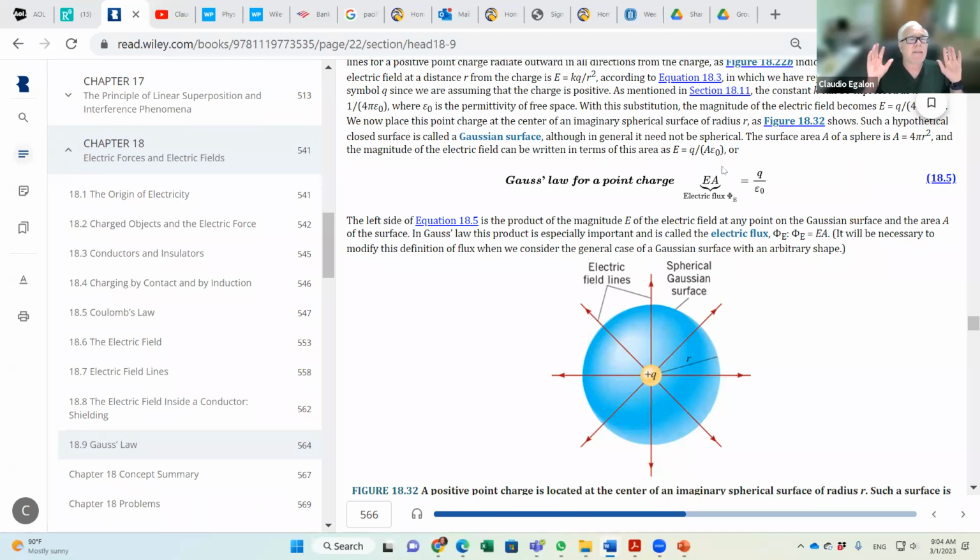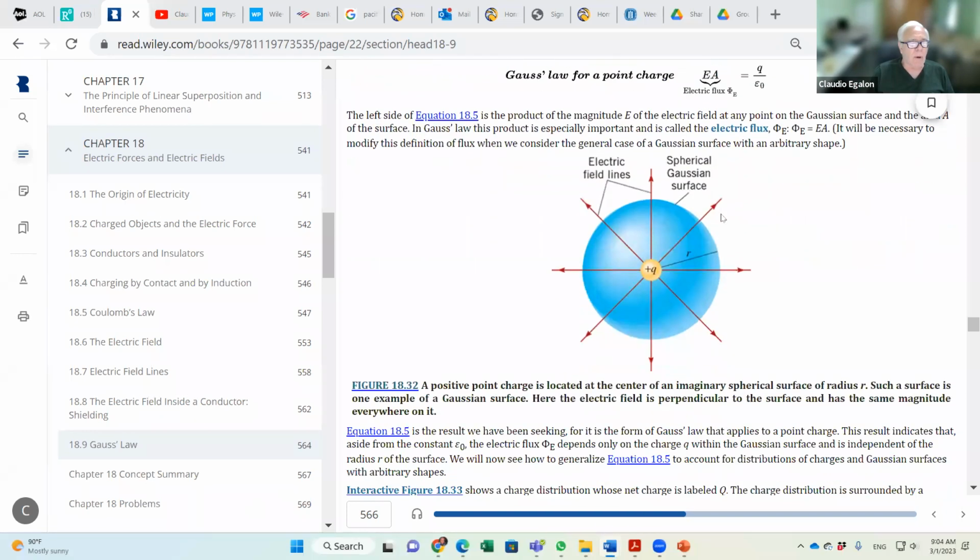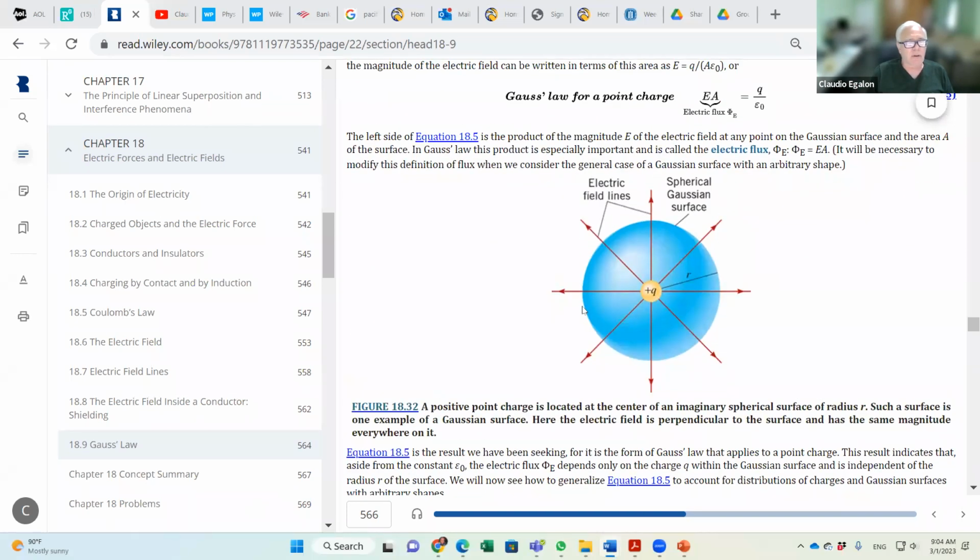To solve for the electric flux is easy. Whatever charge distribution you have, if you create an arbitrary Gaussian surface around it, the electric flux is going to be the charge enclosed divided by epsilon naught. The electric flux, in a way, is easy to calculate.